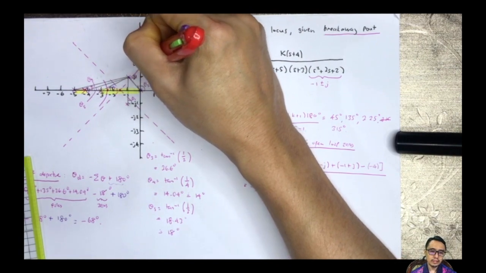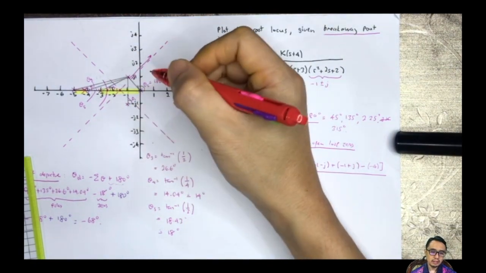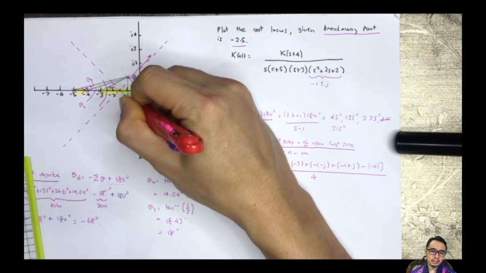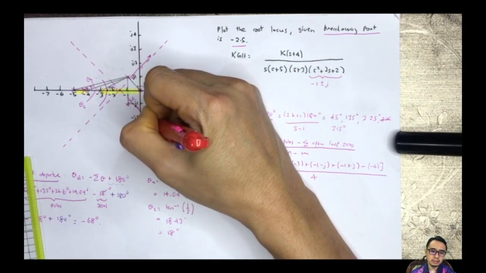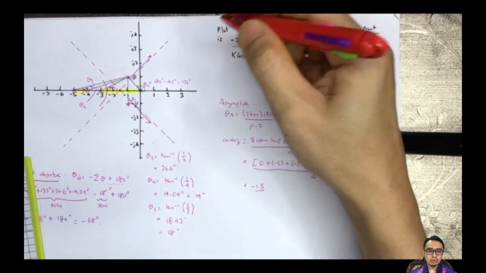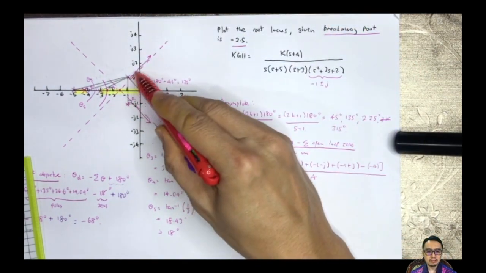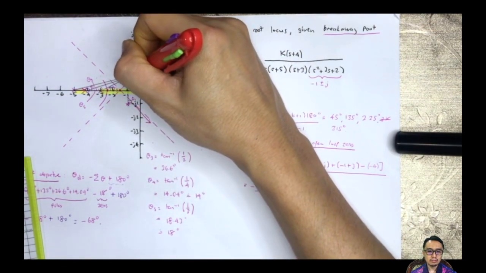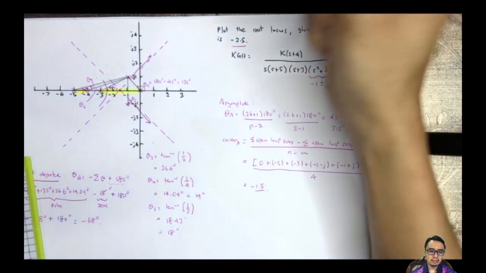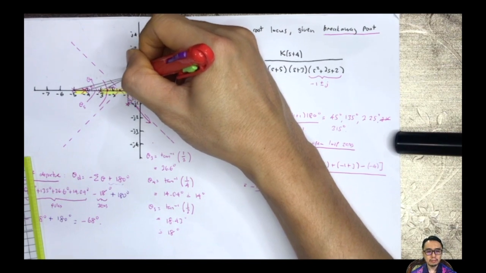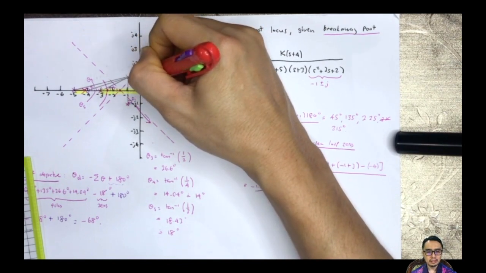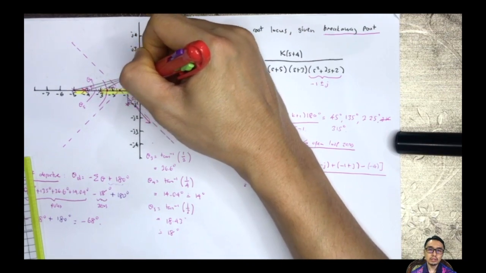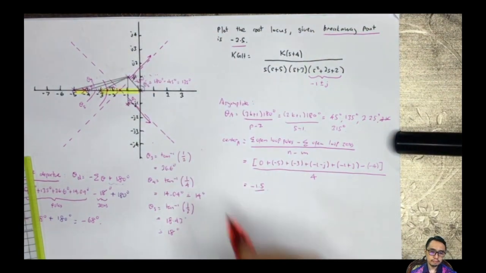Okay, so I'm drawing it that way. It's going to be again a mirror image, so you don't have to repeat the calculation for the bottom part. So that's how the root locus will look. Okay, I'll trace it using the pen. You can see it approaching the asymptote, right?